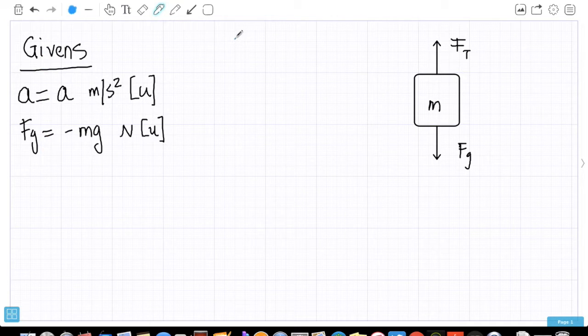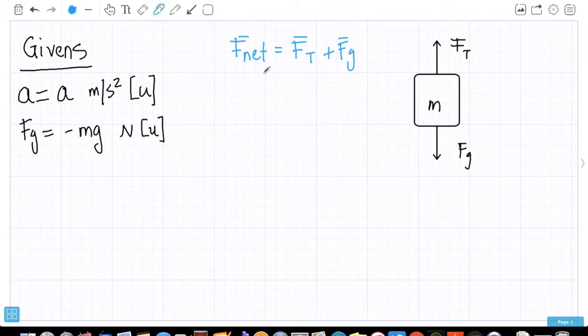So our Fnet statement is Fnet is equal to the force of tension plus the force of gravity. So this is simply saying the resultant vector is the sum of these two vectors.